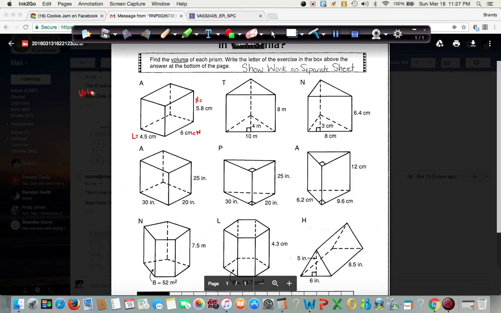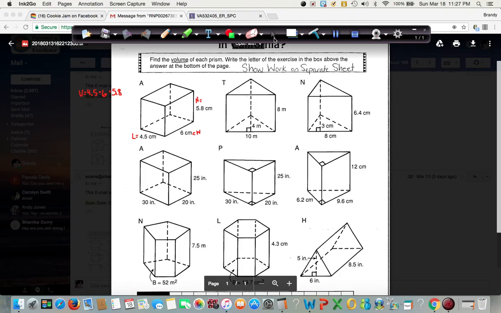So 4.5 times 6 times 5.8. And again, if you notice, we found the area of our base, which is a rectangle, so we just said length times width, and then we multiplied it by our height. You can do that with any figure you have, any three-dimensional figure. For volume, it's very simple.